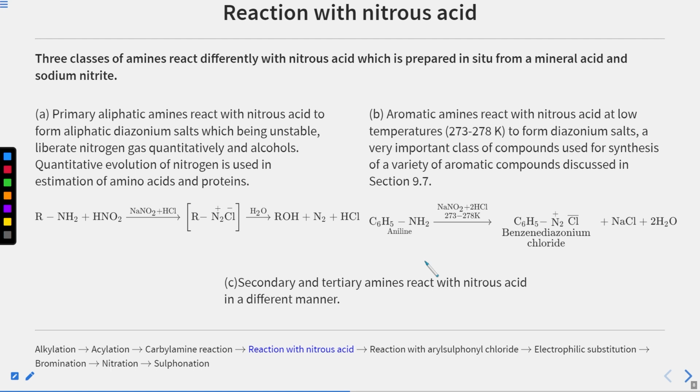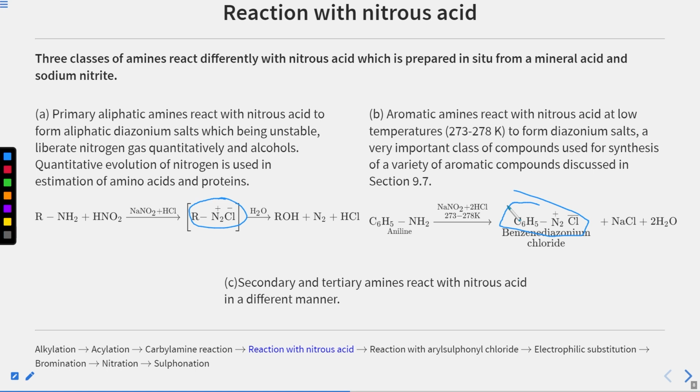We treat our amine, whether it is a primary amine, secondary amine, tertiary amine, or aromatic amine. This results in the formation of something called diazonium chloride. Similarly, if we take the aromatic system also, we will still get the aromatic diazonium chloride.